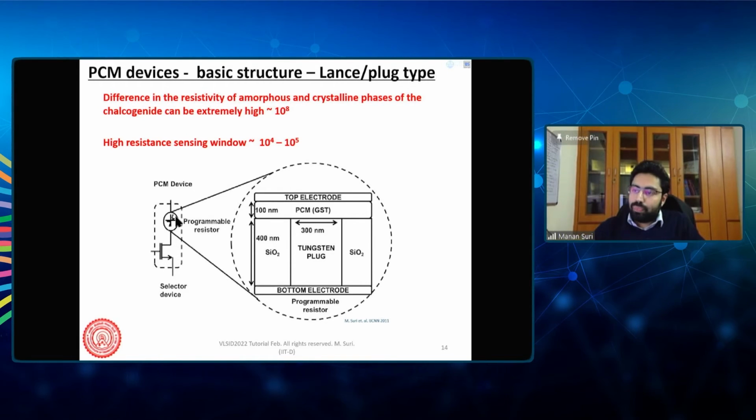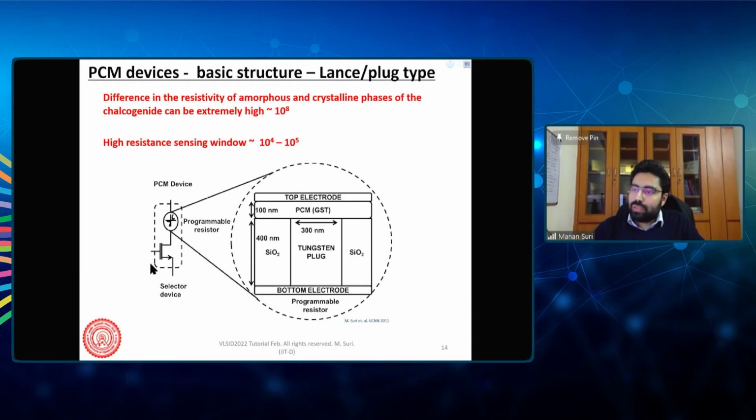So the configuration of a bit cell of your PCM device is known as 1T, 1R, where T stands for transistor and R stands for resistor. Because when you program this PCM into a crystalline state or amorphous state, after programming it, it is essentially a resistor. So we call it 1T, 1R.